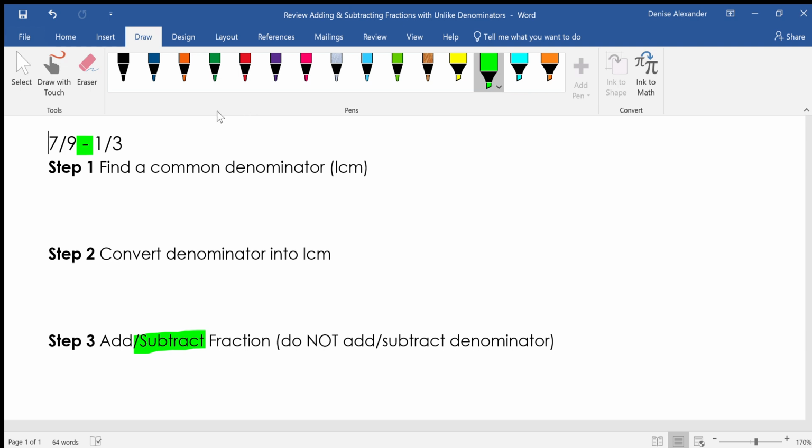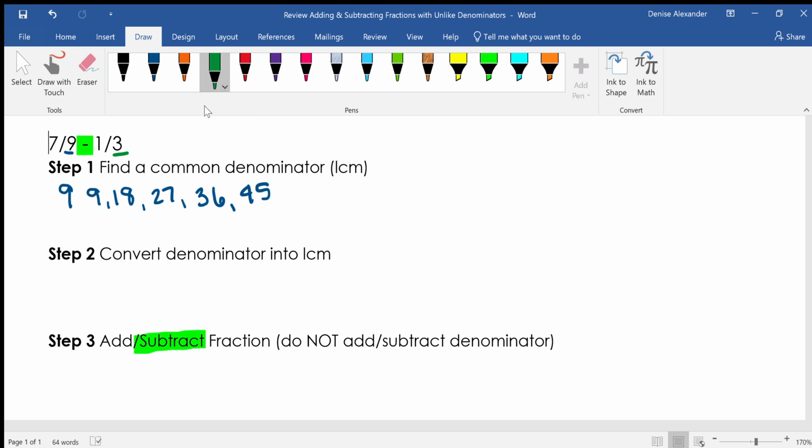Now I'm going to go back up here. I'm going to underline my denominators. Okay, remember I'm looking for my least common multiple, so I'm going to find the common denominator. So I have 9. So it's 9, 18, 27, 36, 45.